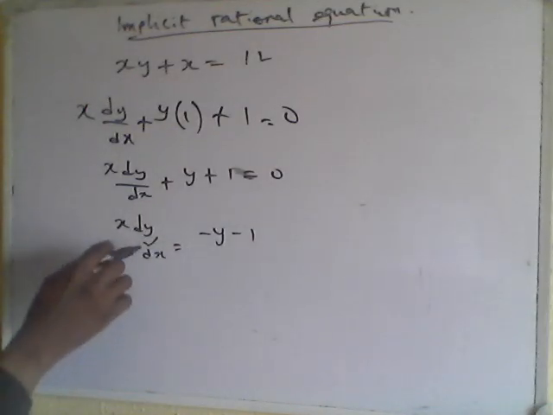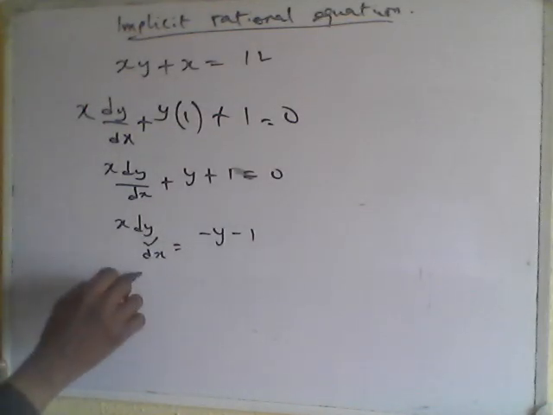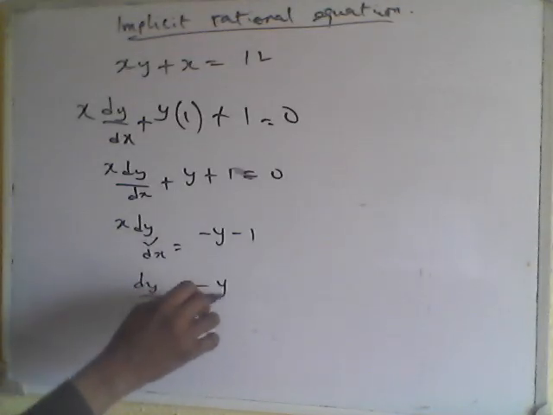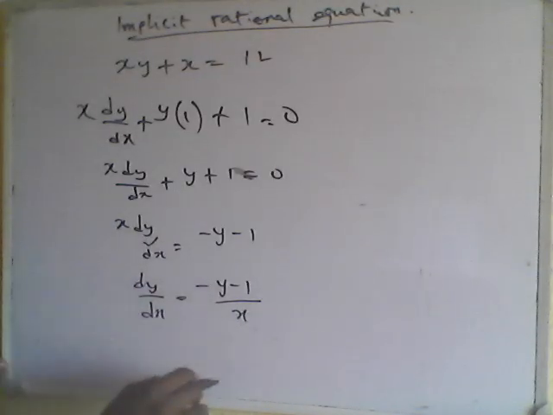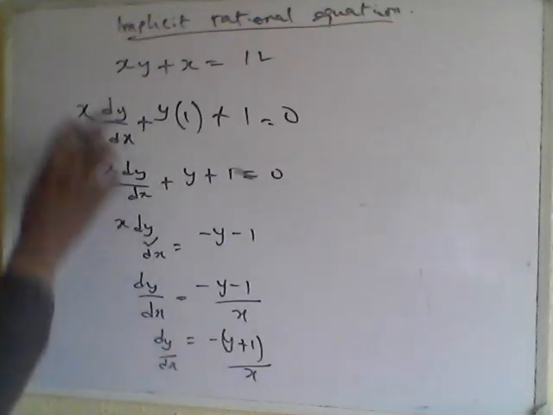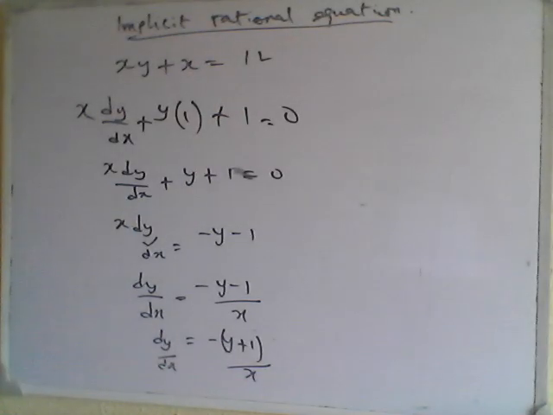I can now divide both sides by x. So dy/dx standing alone is equal to minus y minus 1 all over x, or it can be minus (y plus 1) all over x. That is the dy/dx of this function. Okay.